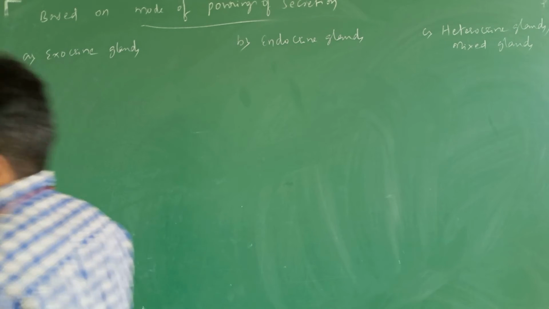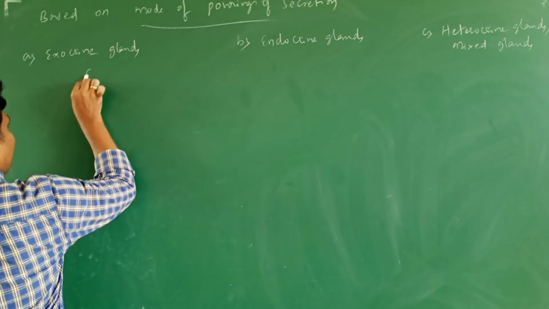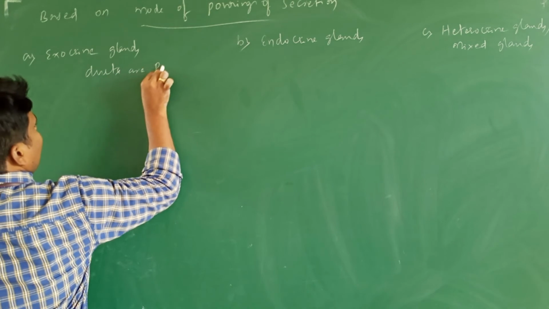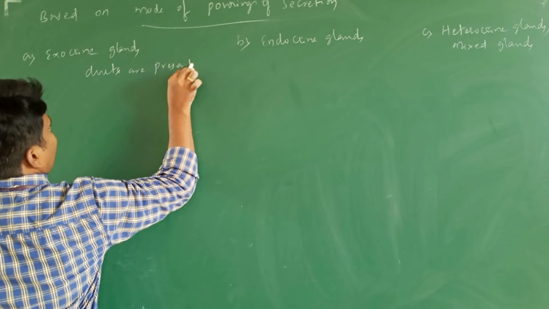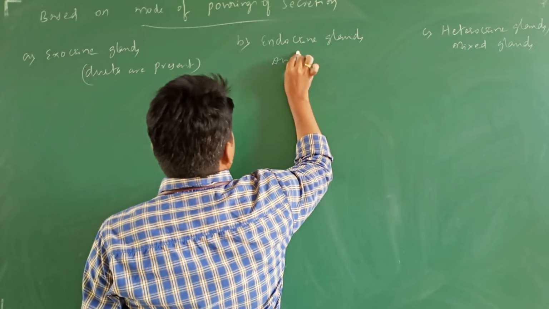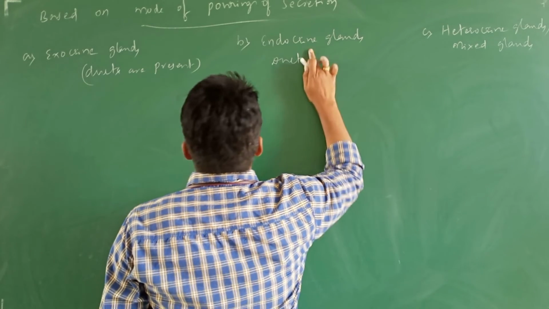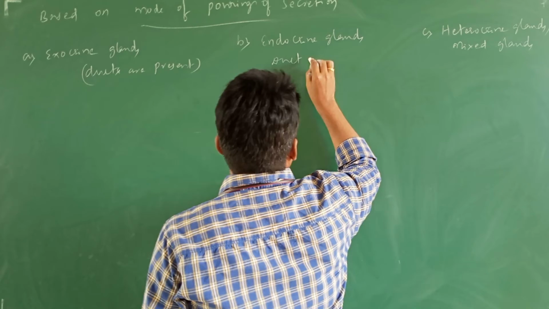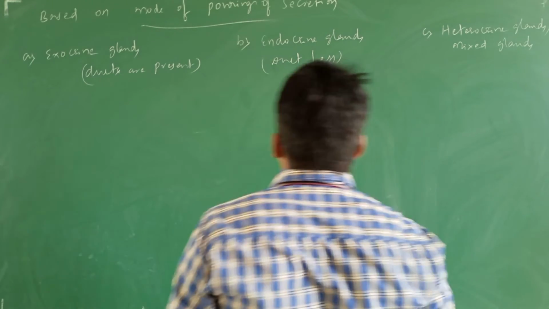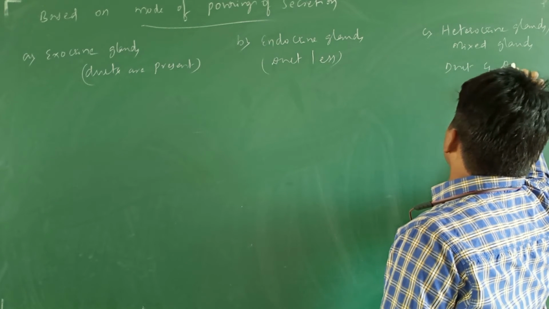In exocrine glands, ducts are present. In endocrine glands, ducts are absent; they are ductless. In heterocrine glands, both ducts and ductless portions are present.